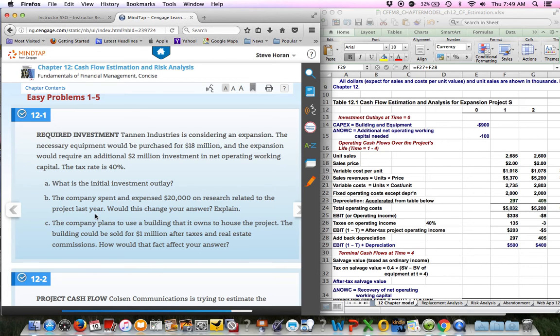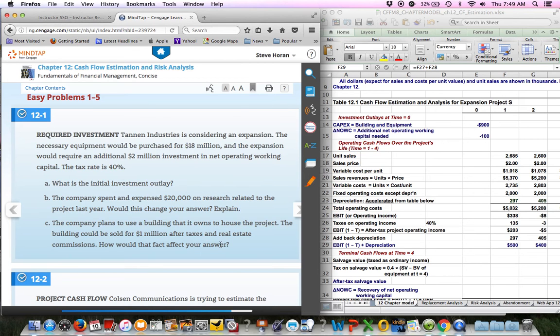So when we figure out the cash flows for this project, we'd go with the initial investment of $20 million plus we'd add this $1 million net of tax. Actually this $1 million is after tax and real estate commissions. So we'd add that $1 million and say the initial cost is really $21 million, because we're giving up $1 million of revenue that we will never get again.